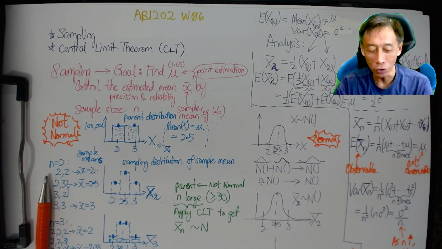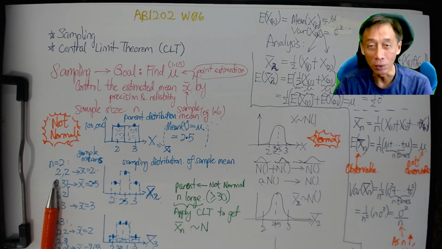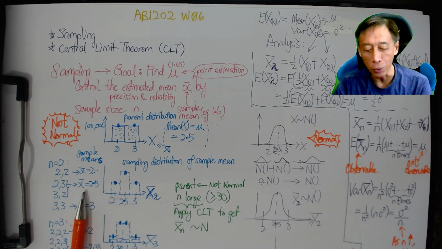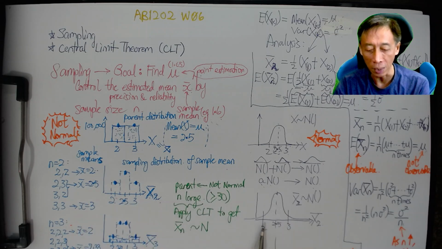And after tuning the sample size to a level that we can afford, we need to interpret those measurements and the sample means on the sampling distribution of sample means, not on the original parent distribution.